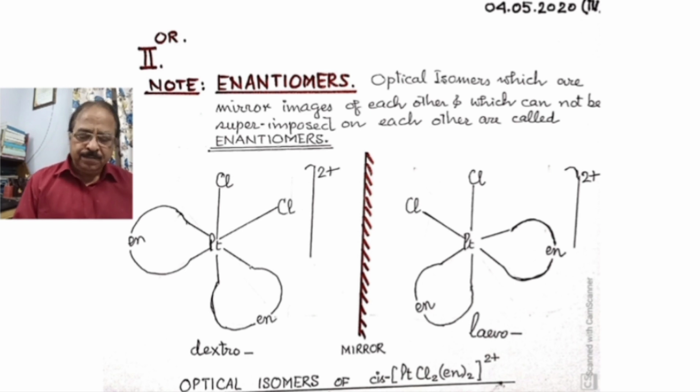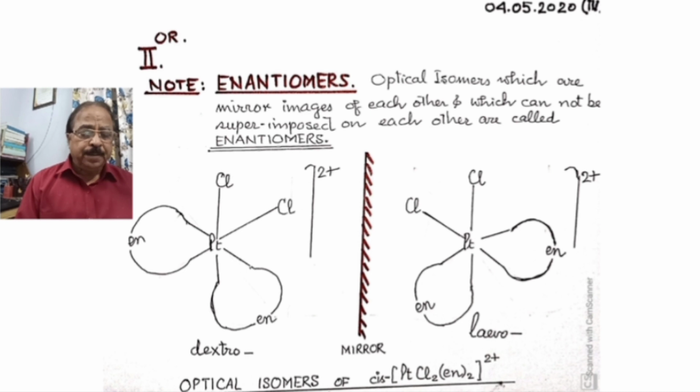In this, to the platinum cation, two ethane-1,2-diamine didentate ligands are attached, and two unidentate ligands of the same type, that is the chloride ligands, are bonded, right? Now you look at this, the dextrorotatory structure cannot be superimposed on its mirror image, and that is the levorotatory structure.